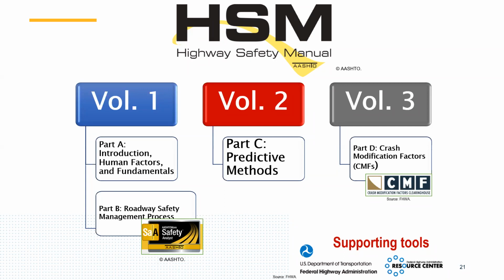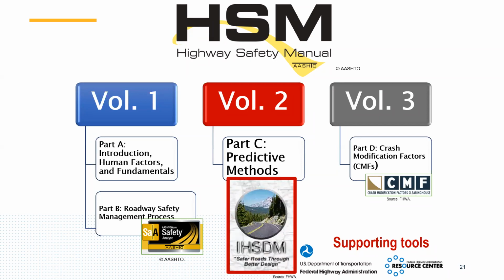Volume 2 has Part C, predictive methods for different facility types, which I will explain in the next slides. There are many tools that can be used to apply this predictive methodology. IHSDM is one of them. And Volume 3 covers around 500 selected crash modification factors.